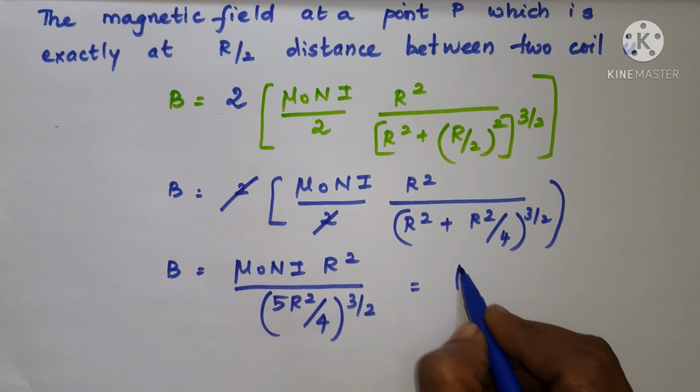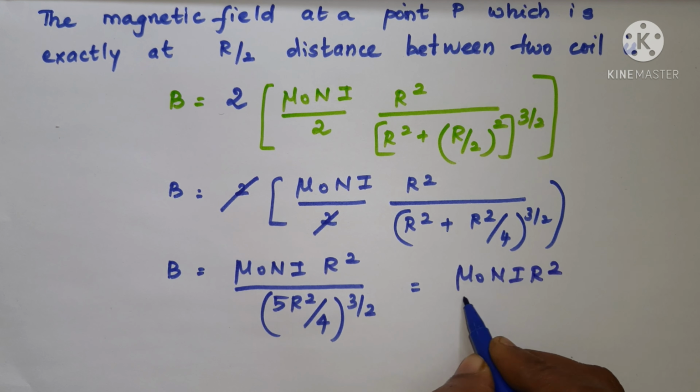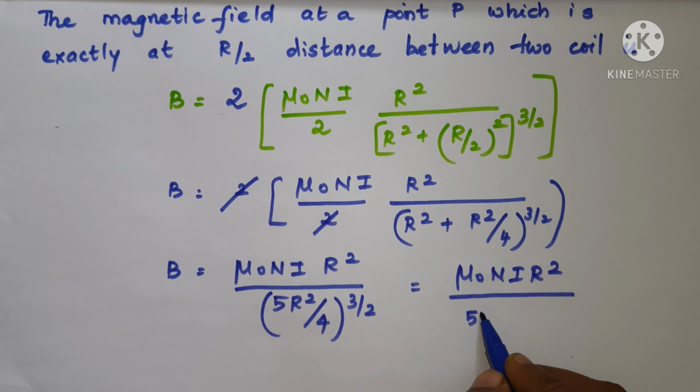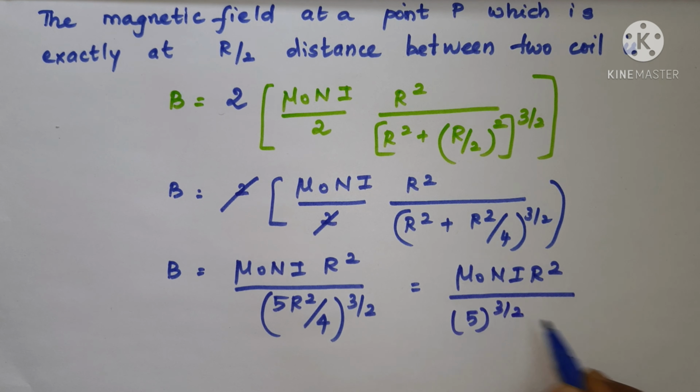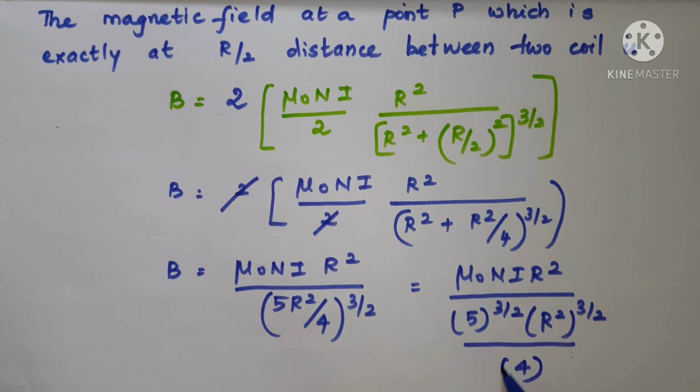Now we have mu naught N I r square divided by, we can write 5 power of 3 by 2 into r square, the whole power of 3 by 2 divided by 4 power of 3 by 2. Here r square and this 2 will be getting cancelled.